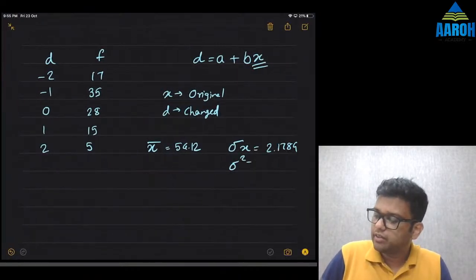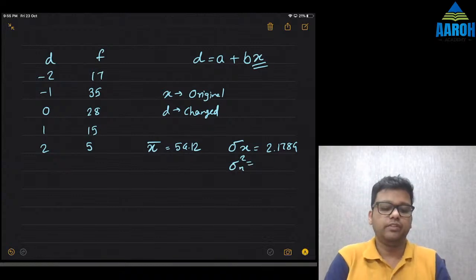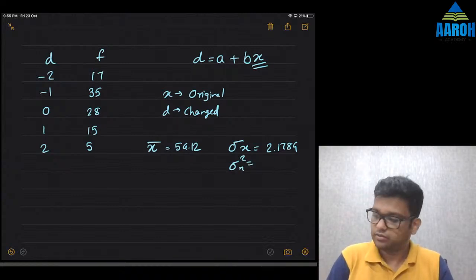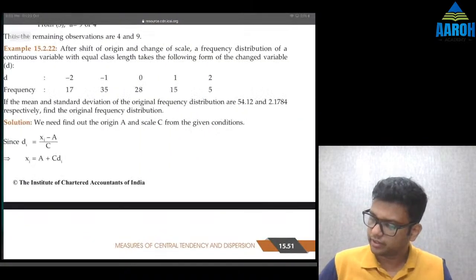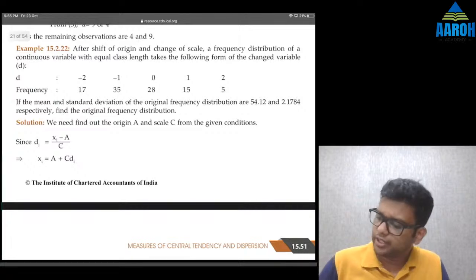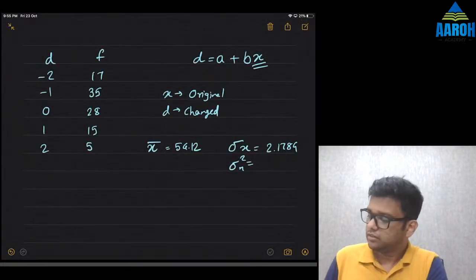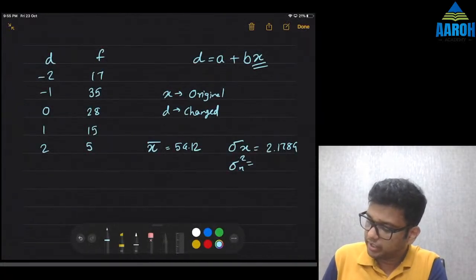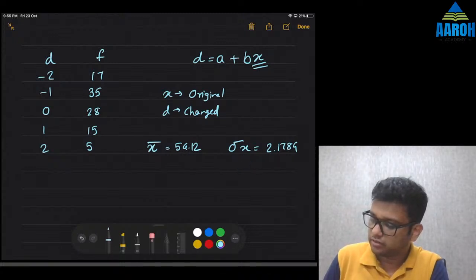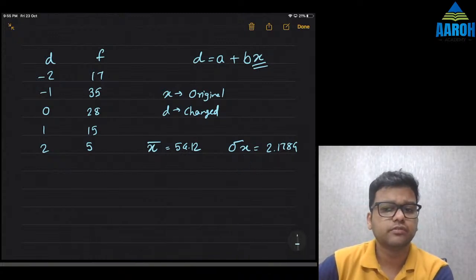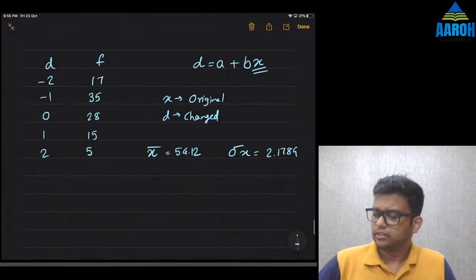That means sigma square will be 2.1784 square, that is 4.74. Okay, fine, no issue. It is coming in decimals, so let's keep it as it is. I thought it would at least be a perfect square. No issues.